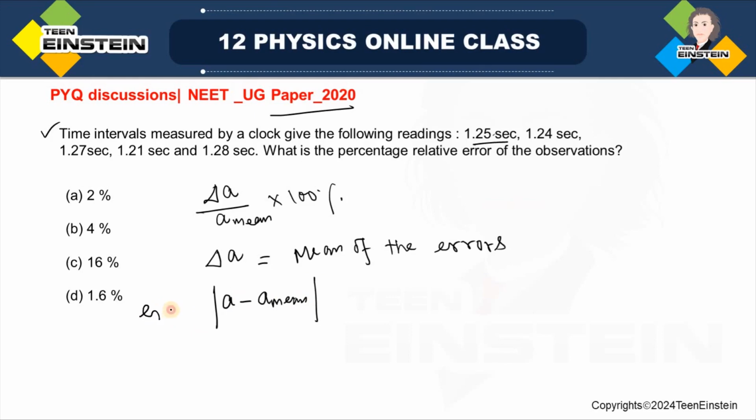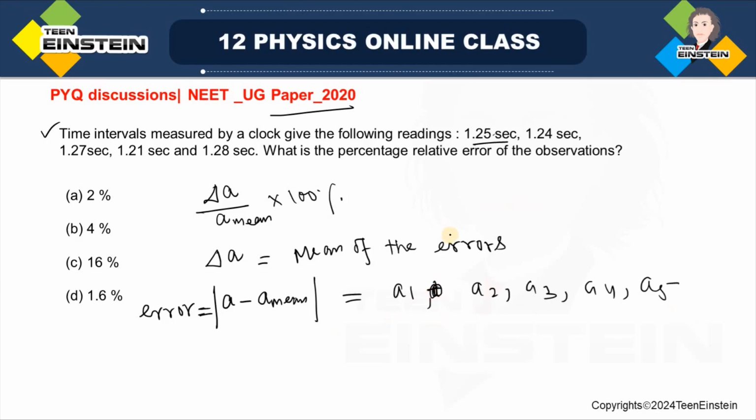That is actually error. How much it is differing from the mean value. So that is error, and you will get such 5 errors like this: A1, A2, A3, A4, A5, because there are 5 readings, and you take those and just add all of them and divide with 5, so that will give you the mean error.